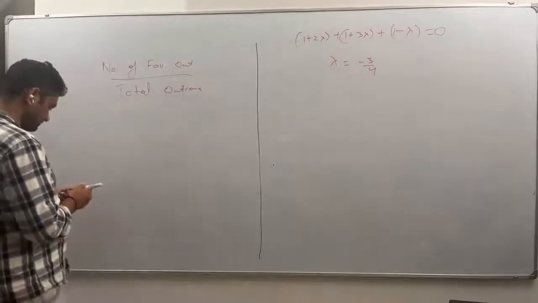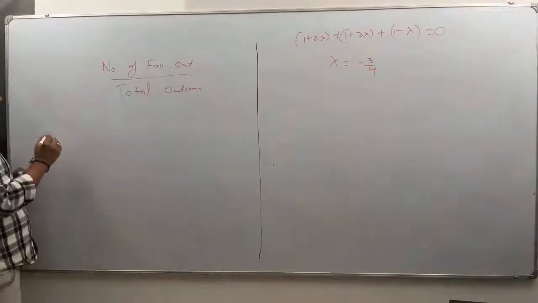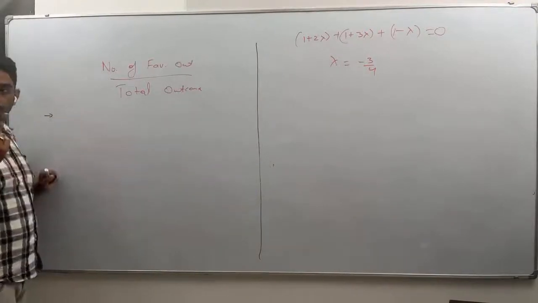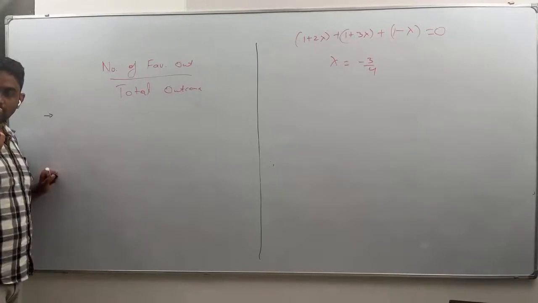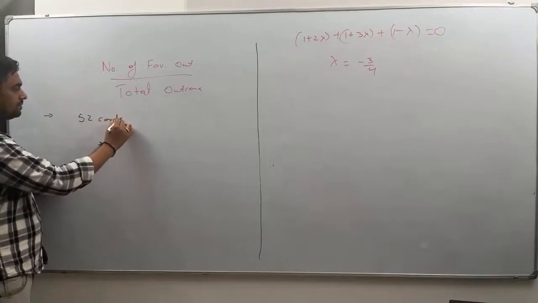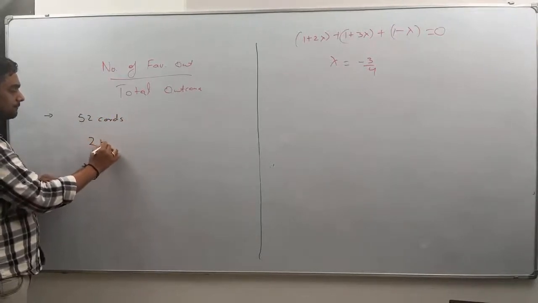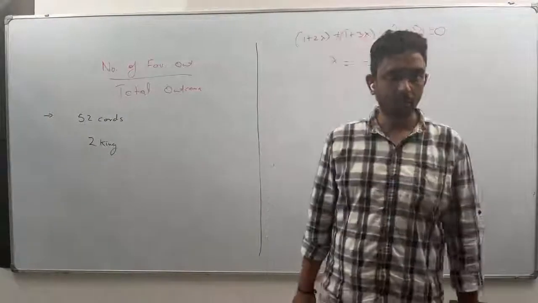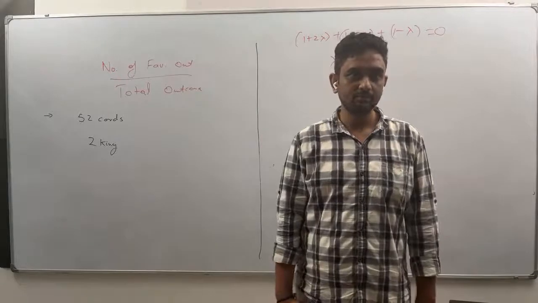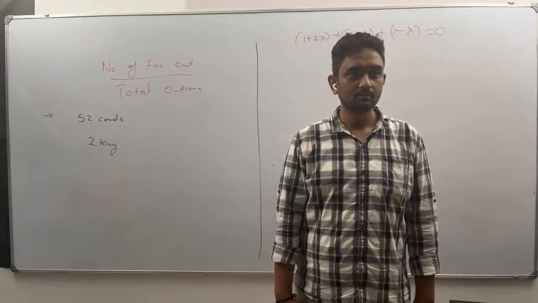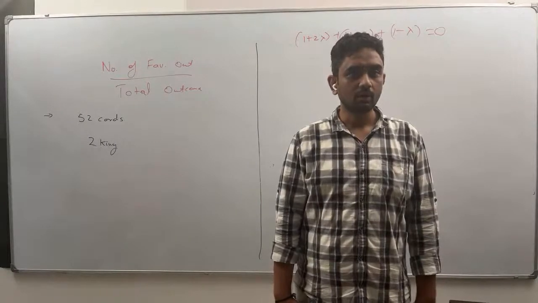Okay, I'll ask you a very simple question. I'll ask you only simple questions. Now you tell me that we are drawing two cards from a deck of 52 cards. So what is the probability of getting two kings?